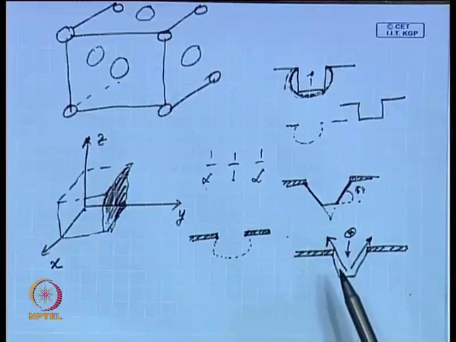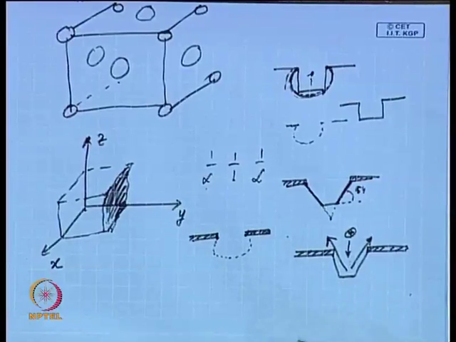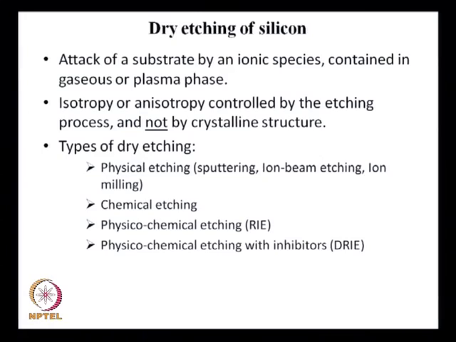The ions are routed in such a way that it does anisotropic etching. So, attack of a substrate by an ionic species contained in gaseous or plasma phase, isotropy or anisotropy controlled by the etching process and not by crystalline structure. In wet etching, this anisotropy was controlled by the crystalline structure, but that is not the case for dry etching.